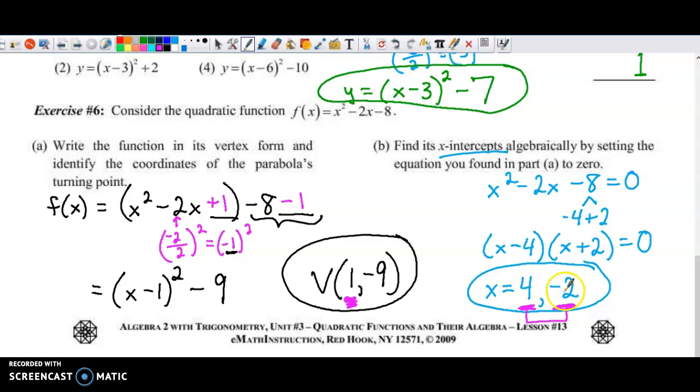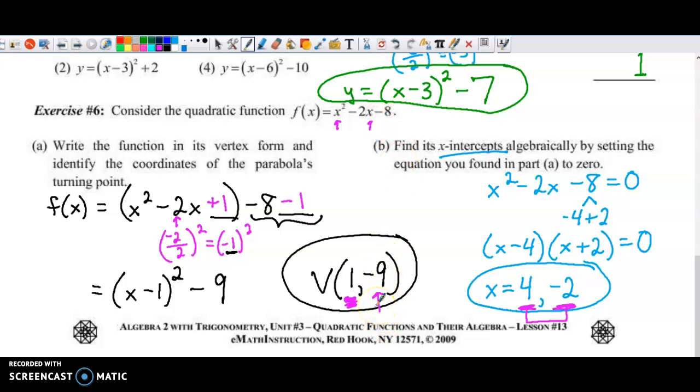So 4 plus negative 2 is 2, divided by 2 is 1. And then to find the y-coordinate, you can always just plug 1, the x value, back into the original problem. So it'd be 1 minus 2 is negative 1, minus 8 is negative 9.